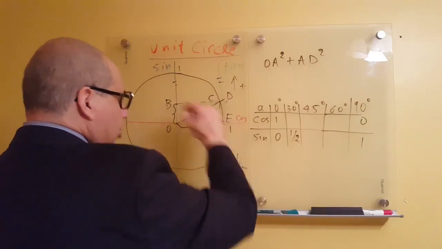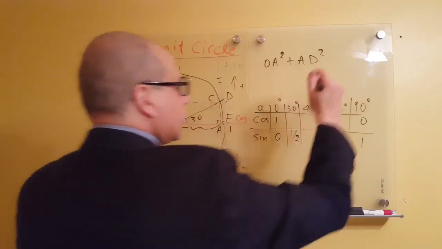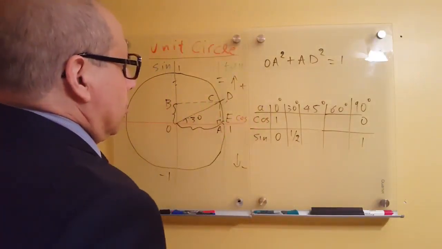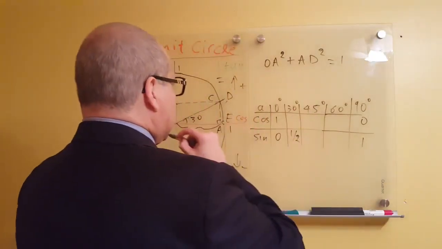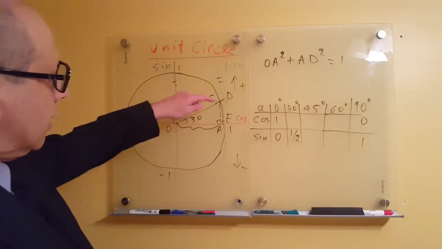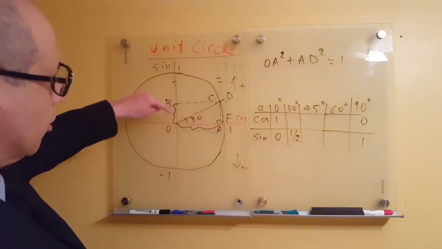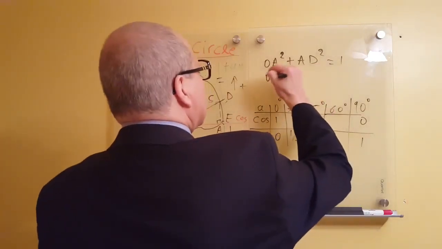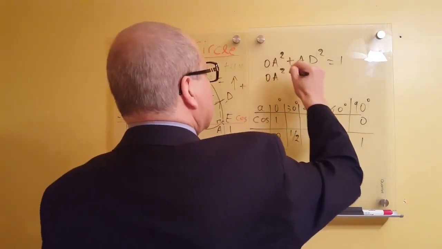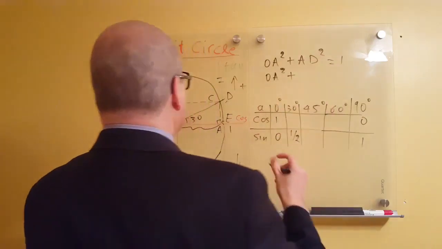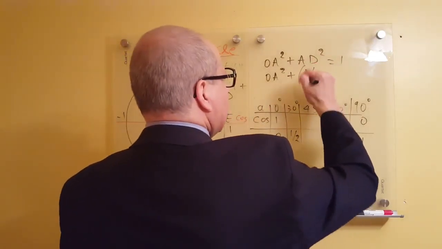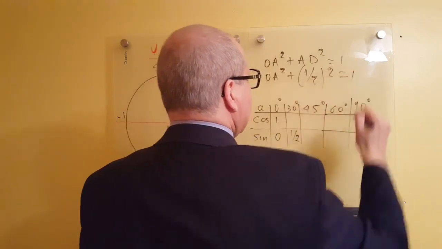Because this is a unit circle, the hypotenuse is the radius, and it's equal with 1, so it's 1 square, which is 1. Now because we know that AD is equal with OB, which is equal with the sine of 30, that's 1/2. So you just solve this equation: 1/2 square plus OA square is equal with 1.